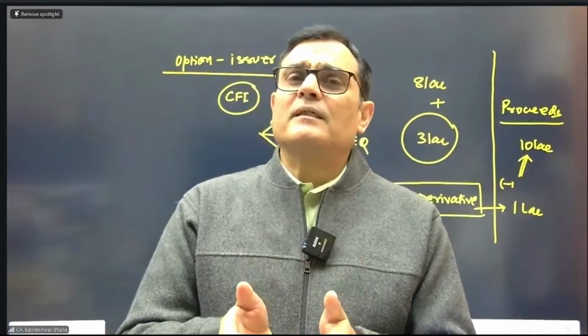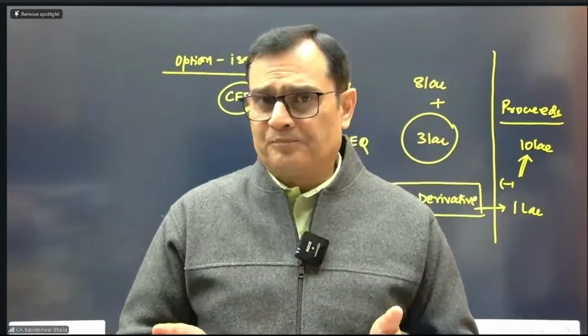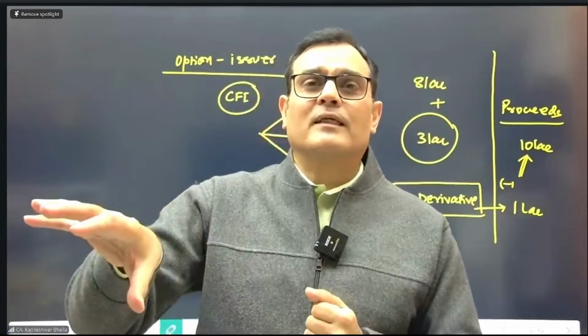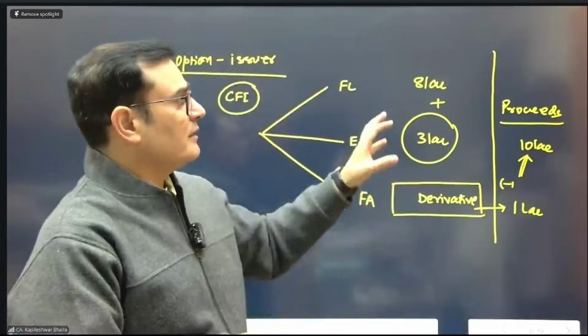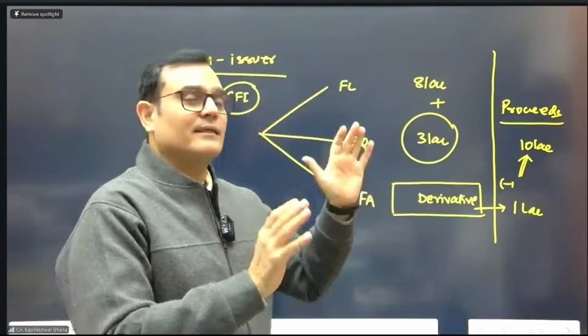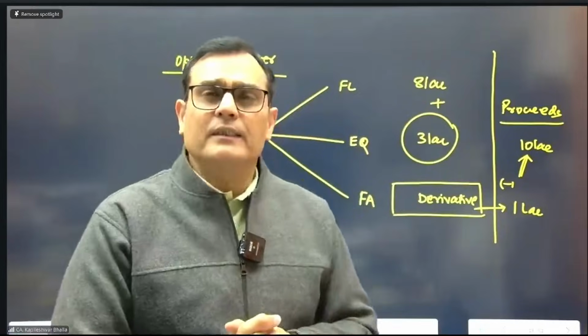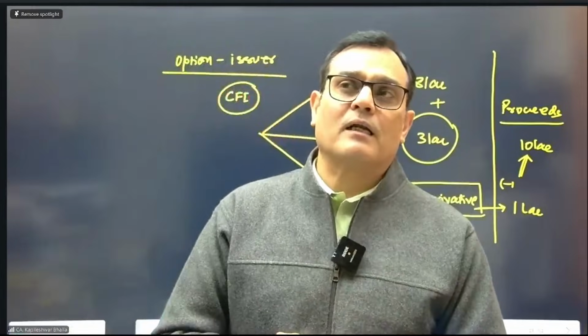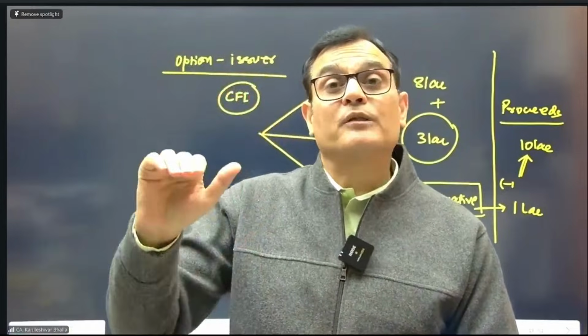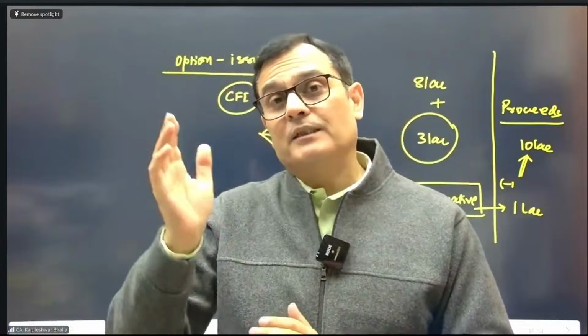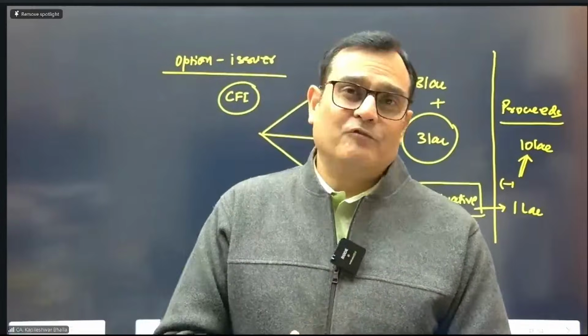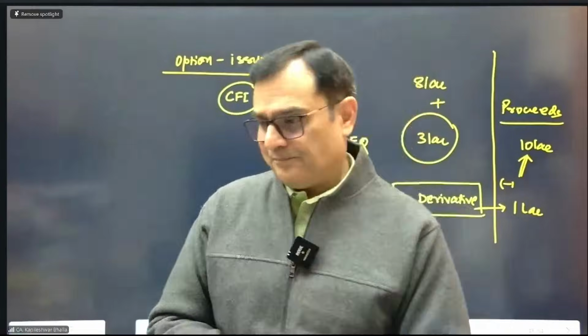Then technically there is nothing left for me to do, because I know the derivative financial asset. I just need to get the financial liability and the equity organized. So generally, you'll see that most of the questions asked are with the option with the holder, and the issuer's perspective takes a little backseat from the examination point of view.